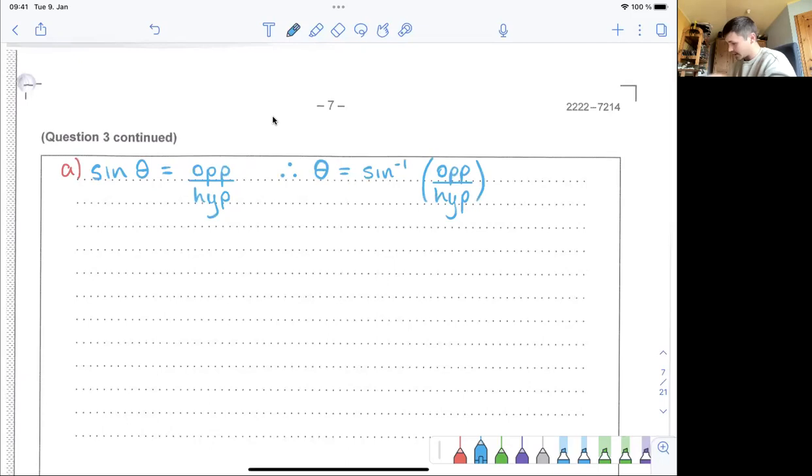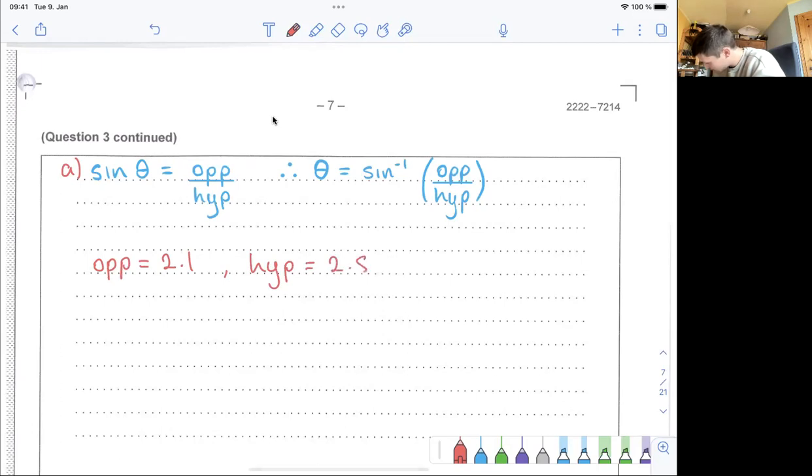We know our opposite side is 2.1 and the hypotenuse is 2.8. So theta will equal the inverse sine of 2.1 over 2.8.